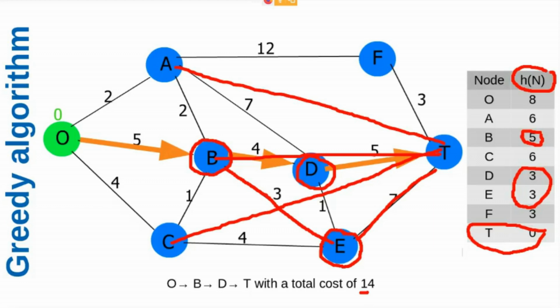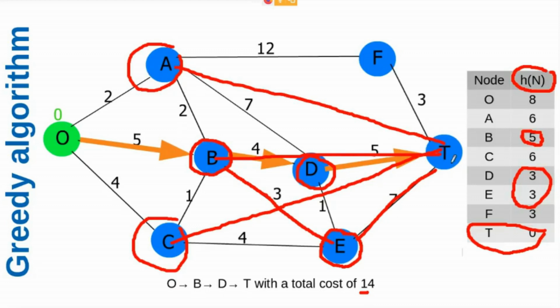Because as soon as you get close to the target, these nodes are out of the real possibilities for the solution, since they are far from the target.